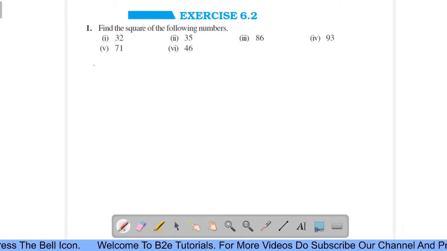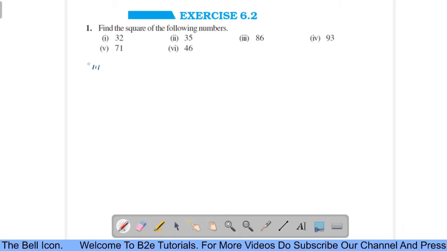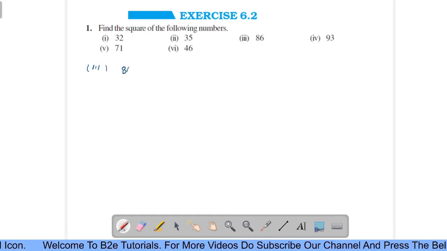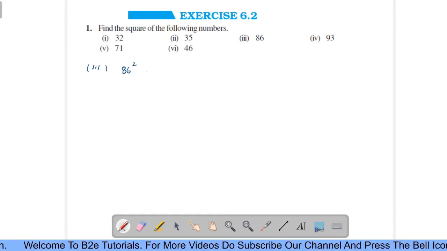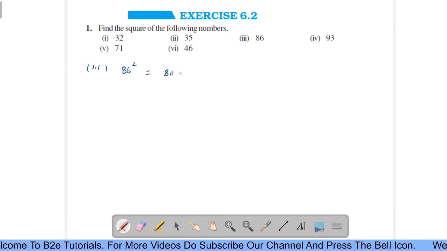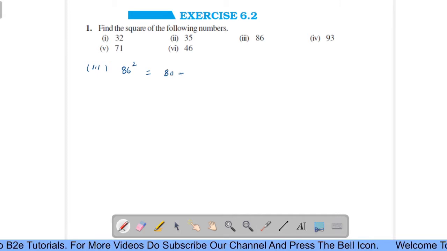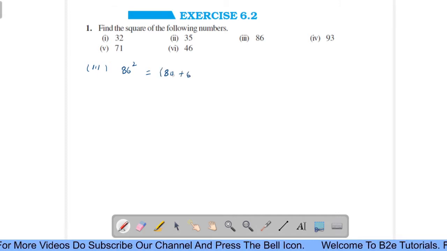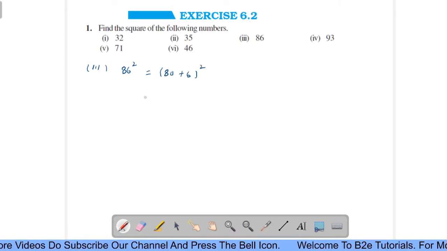Now come to the third part. It is 86 square. 86 can be written as 80 plus 6 whole square.